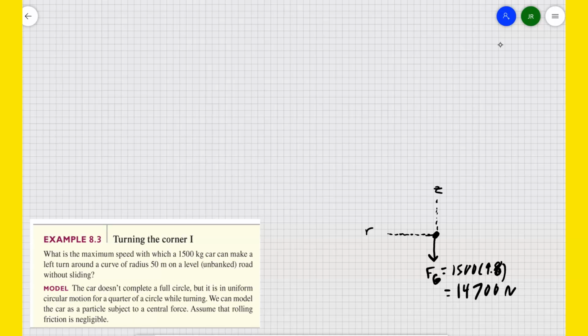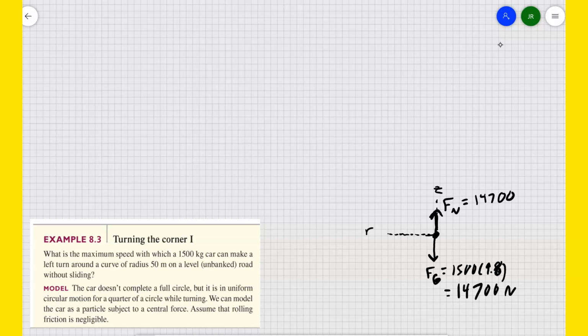All right, what else do we have? We have a normal force. It's equal to that gravitational force. It's going to be also 14,700.